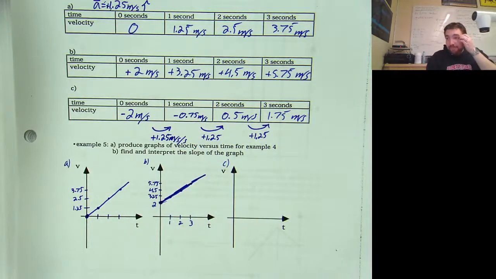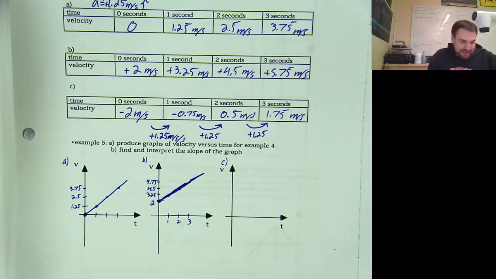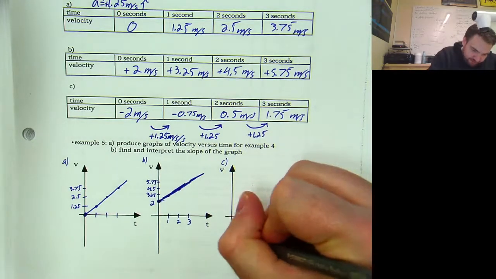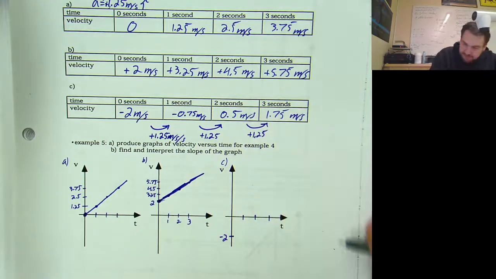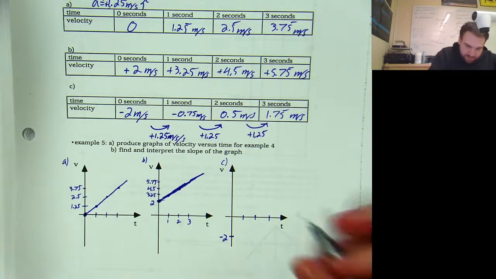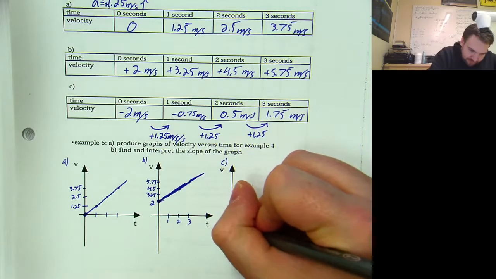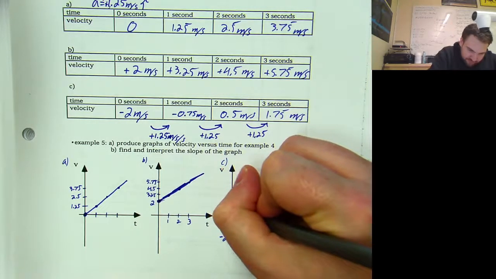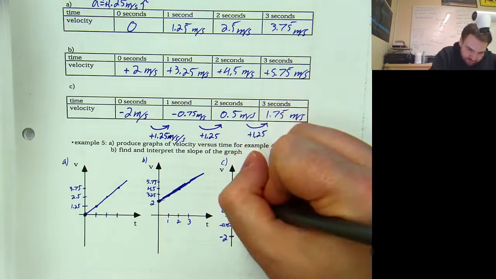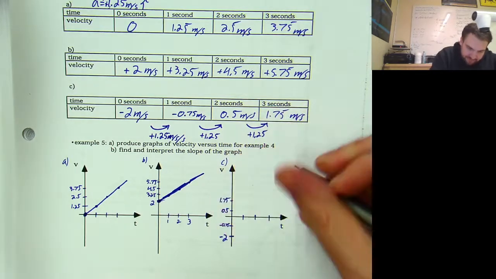There we go. And then the last one, we're starting down here at -2. 1 second, 2 seconds, 3 seconds. -2, -0.75, 0.5, 1.75.